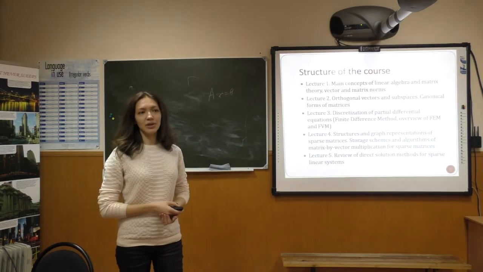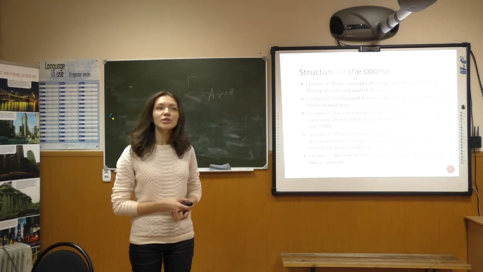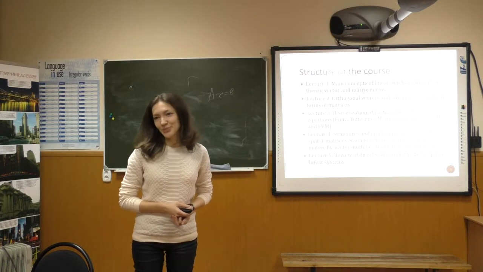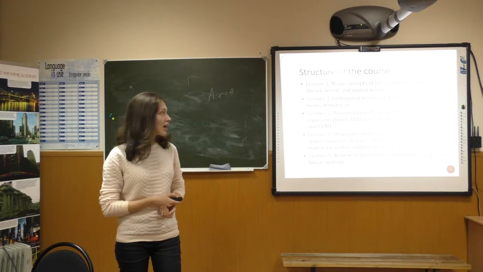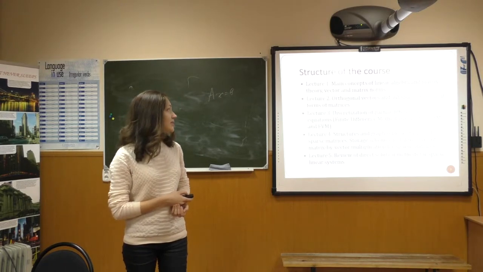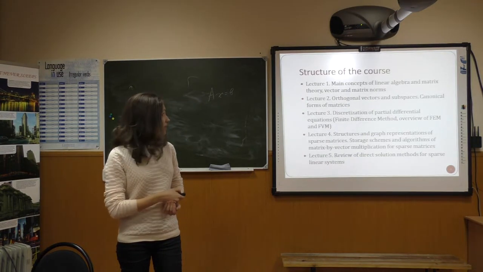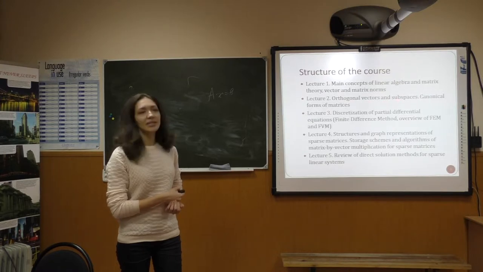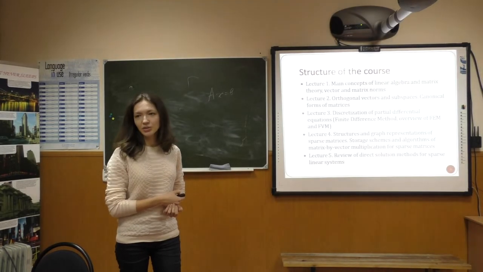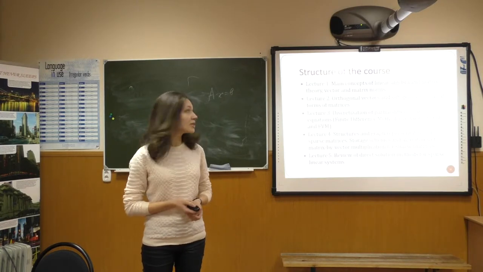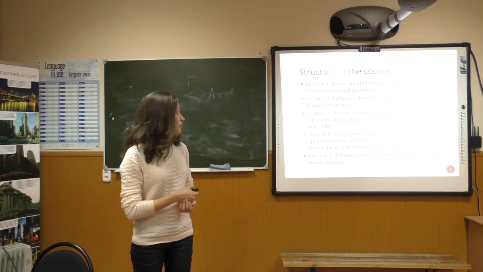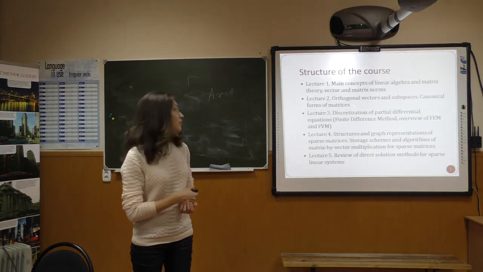So the course will consist of approximately 16 lectures, and here I gave you an overview of these lectures. You can see it in the slides. So you can see that the course starts with just basic ideas of linear algebra and basic definitions that we will need for this course. Then, for example, canonical forms of matrices.